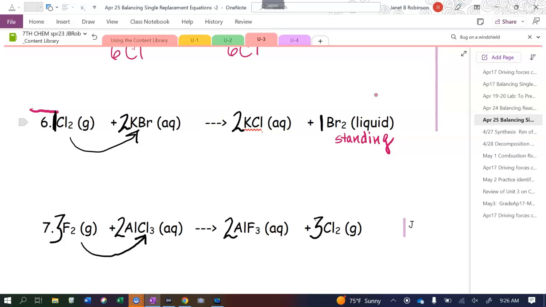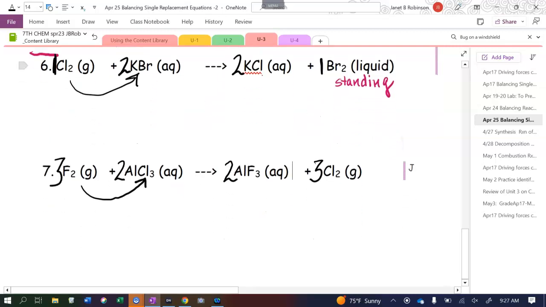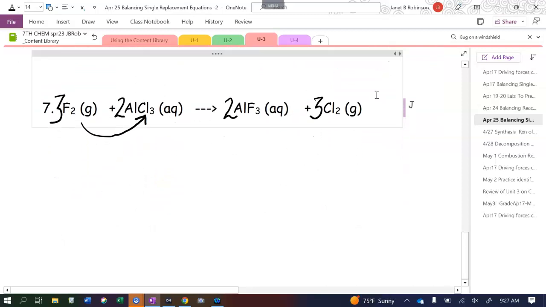And since there's 2 chlorines and 2 bromines, we know we have to have a 2 in front of each of those potassium compounds. So counting atoms works, and we're still counting, but we're getting smarter when we recognize how this is going to work. And then finally, we tried to see if fluorine could push the chlorine out of aluminum chloride, and fluorine's the most reactive element on the periodic table.